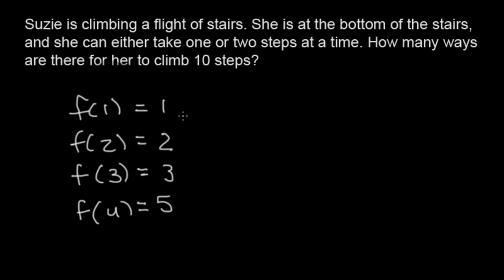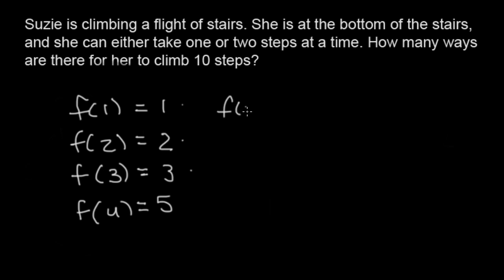Now that you tried out some examples, it's a good idea to try to figure out the relationship between each case. So when I first saw this, I noticed that 1 plus 2 equals 3, 2 plus 3 equals 5. So I was thinking maybe there's a relationship there.